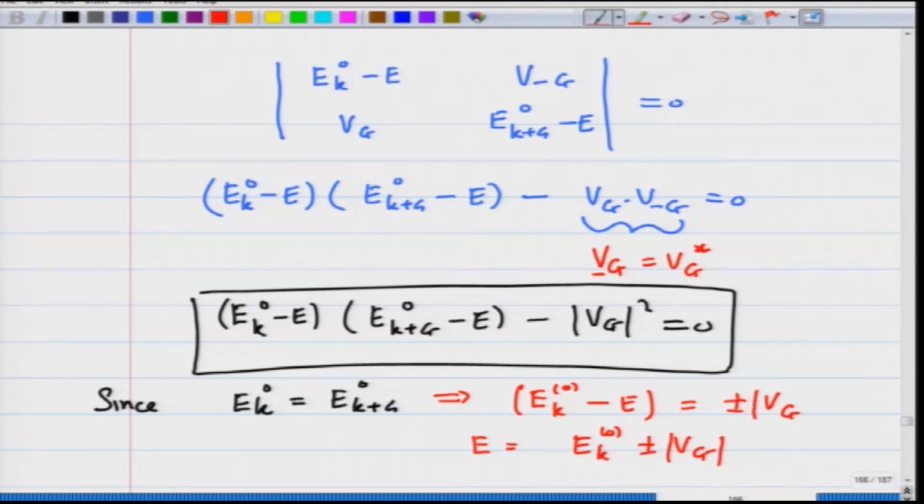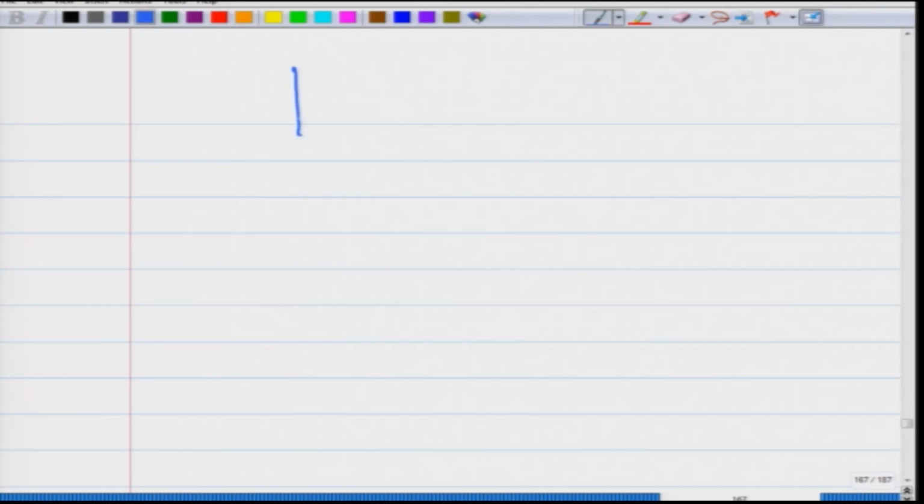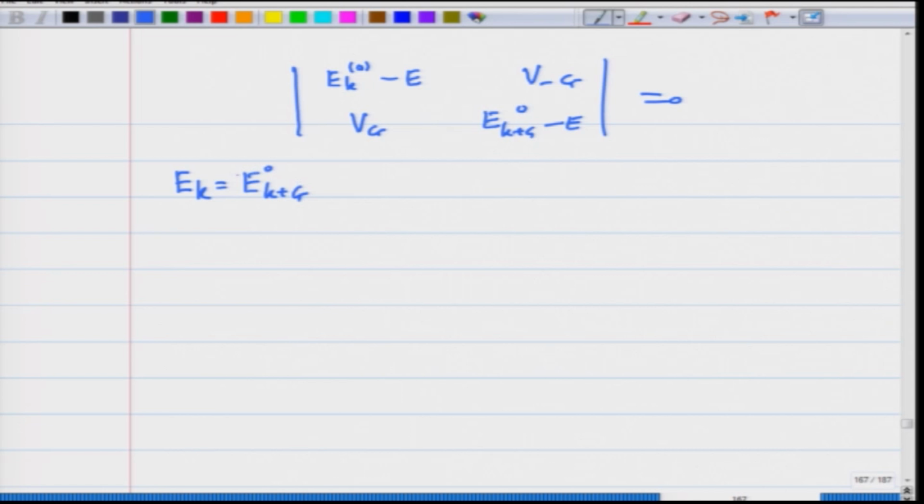So, when I solve this, E k 0 minus E, V minus G, V g, E k plus G 0 minus E equals 0, and taking into account that we have E k equals E k plus G at the 0th level, I get E equals E k 0 plus or minus mod V g. That means, I get 2 eigenvalues.